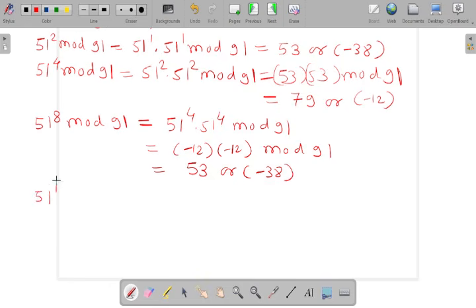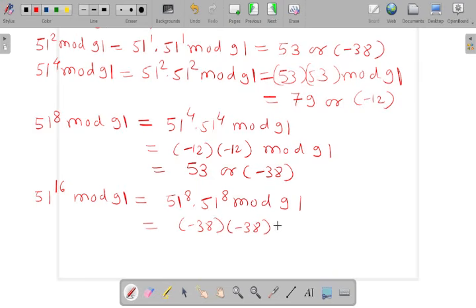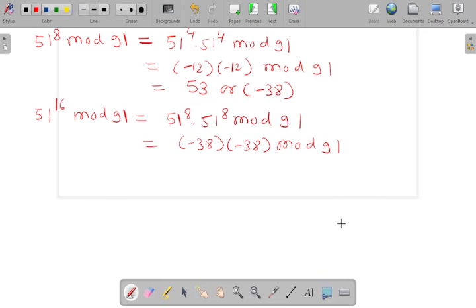Now I will calculate 51 raised to 16 mod 91, which is equal to 51 raised to 8 into 51 raised to 8 mod 91. So 51 raised to 8, I can put here minus 38, mod 91. And after that, you will get the value equal to 79 or minus 12.